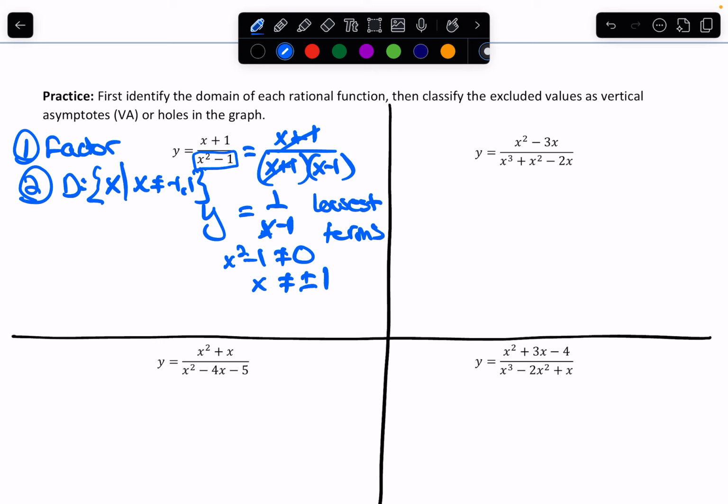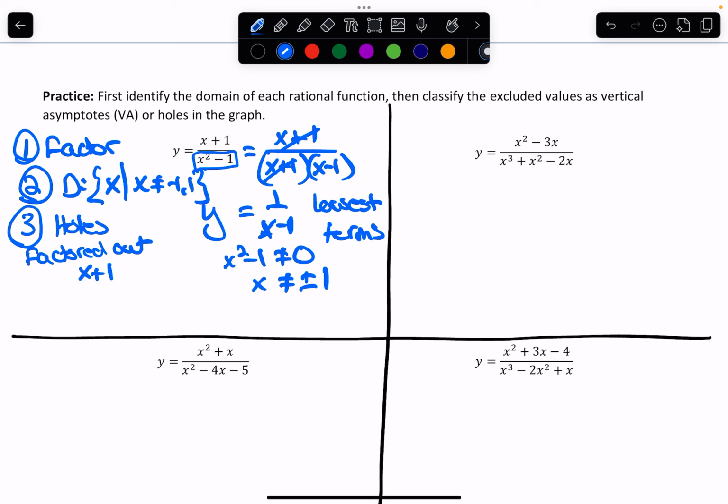Okay, now we're going to look at, do we have any holes? For the hole, we're going to look at what we factored out. So we factored out x plus 1.